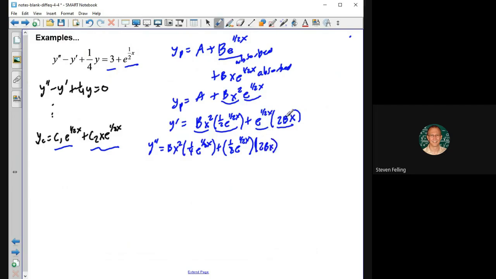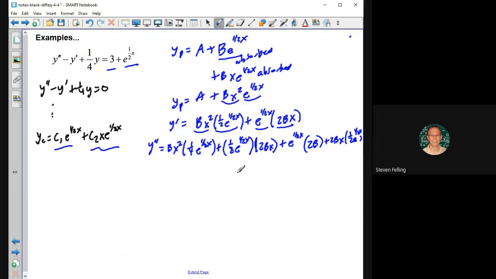And then I have to do the product rule for these terms. So I have first times derivative of the second, which would be 2b, right? Plus second times the derivative of the first. So 2bx times the derivative of the first is 1/2 e to the 1/2 x.